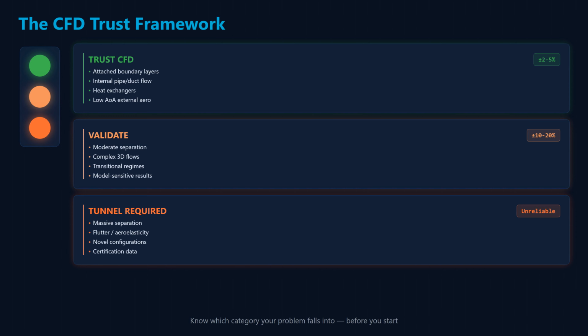Anything where turbulence model choice significantly changes the answer. Red. Don't trust CFD alone. Massive separation, flutter boundaries, novel configurations with no validation history, certification data, wind tunnel required. The skill of a good CFD engineer isn't running simulations. It's knowing which category your problem falls into before you start.